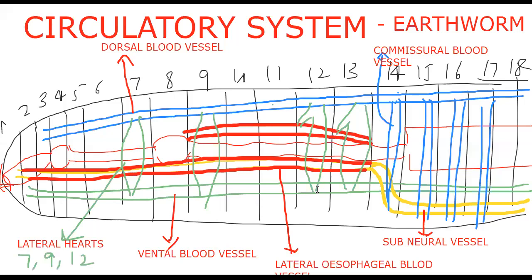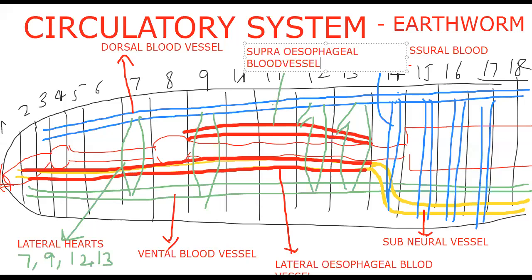7, 9, 12, 13. Particularly 12 and 13 are called lateral esophageal hearts because they also have a connection with the supraesophageal blood vessel. That's why they are even called supralateral esophageal hearts. From 9 to 13, the supraesophageal blood vessel is present.